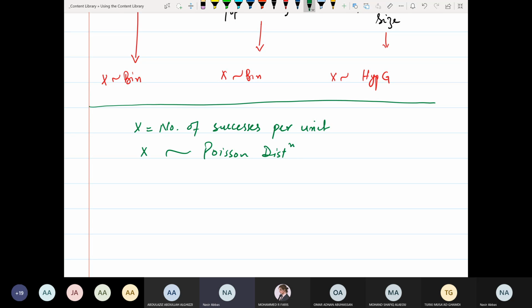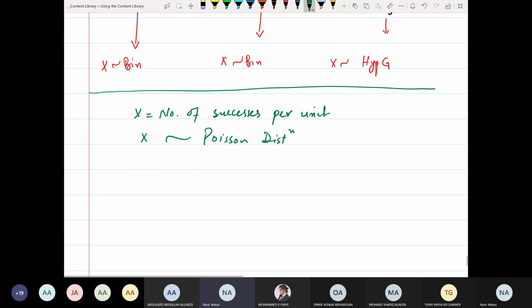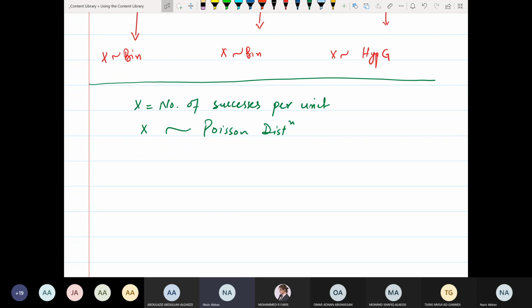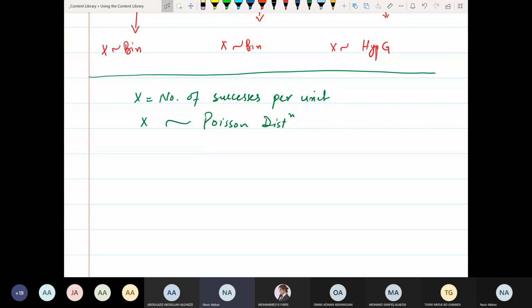And when you know X has a Poisson distribution, the formula sheet will tell you what is the probability mass function of Poisson, what is the mean of Poisson, and what is the variance of Poisson distribution. If you get any idea from the question that X has a Poisson distribution, you can directly go to the formula sheet to see that the probability mass function of Poisson is this one.